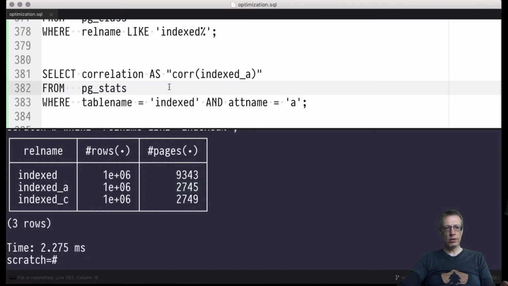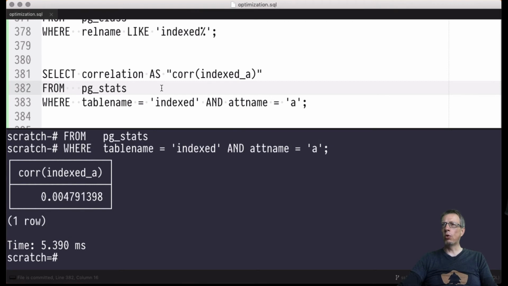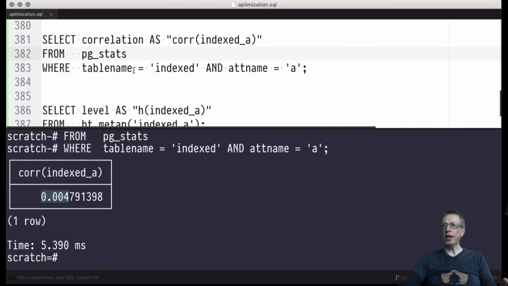The order of records inside the heap file is according to their C values, which does not coincide at all with the order of the A values. So let's see what we find here. Indeed, that's a value that is close to 0, which means completely random order. So this is indeed the unclustered case for index A.